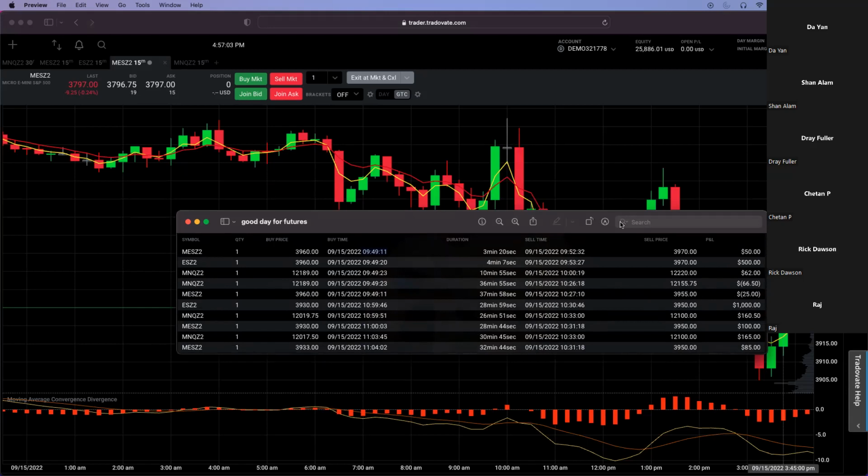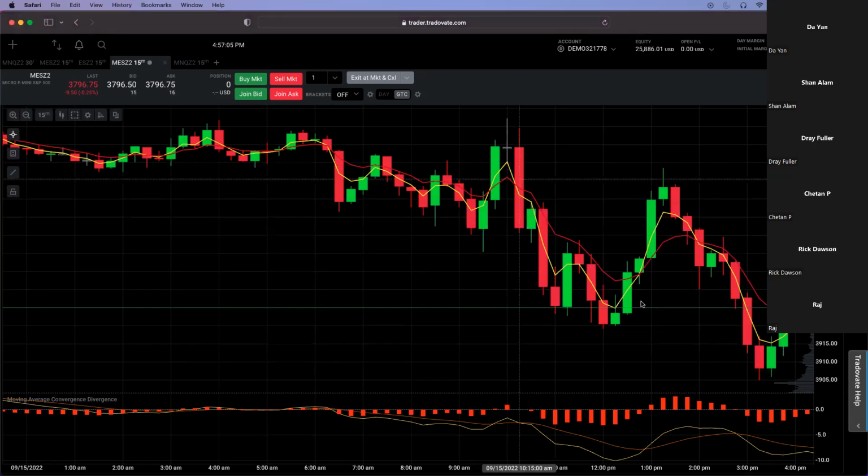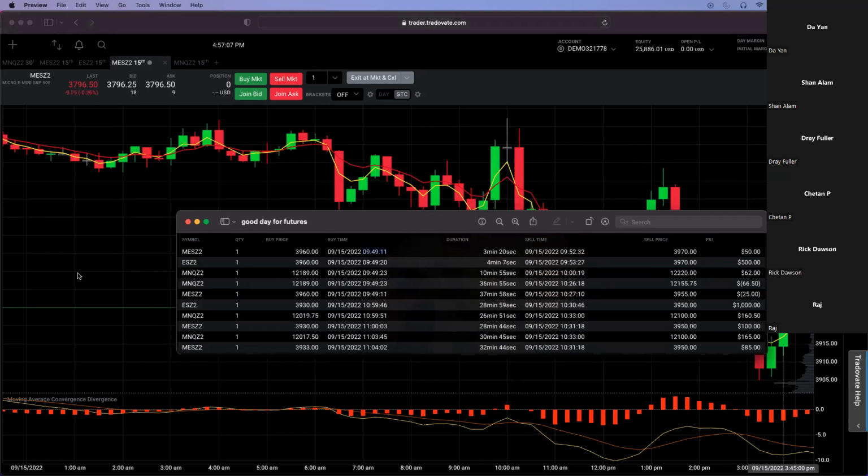I did not close it, and I had a small loss on one contract on MNQ and MES. I knew the resistance was 39.75, but I missed it. I could have closed at 39.75 here.